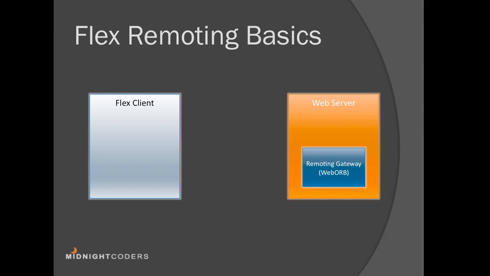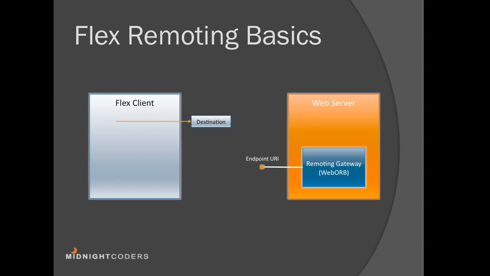To begin with, let's review how Flex connects to the web server to do remote method invocations. First of all, if you are using AMF, you have to have a remoting gateway, and here we're going to be using WebORB in this example, which could be WebORB for Java, .NET, or PHP. Any remoting gateway is going to have an endpoint URI, which is a URL that this particular remoting gateway would be listening on for the incoming AMF requests.